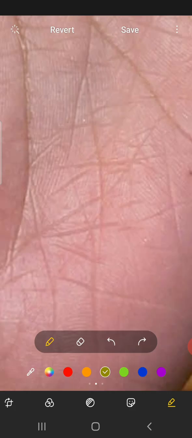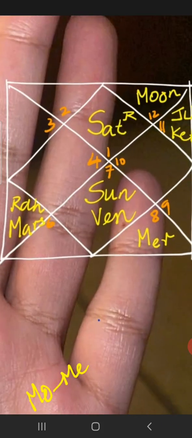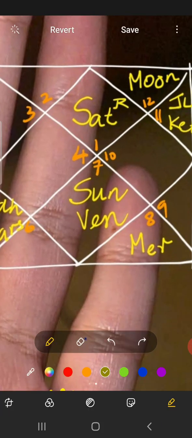So as we know now, we can say that the age 27 to 30 will be a time when she will get progress. How can we see that in terms of Nadi astrology?